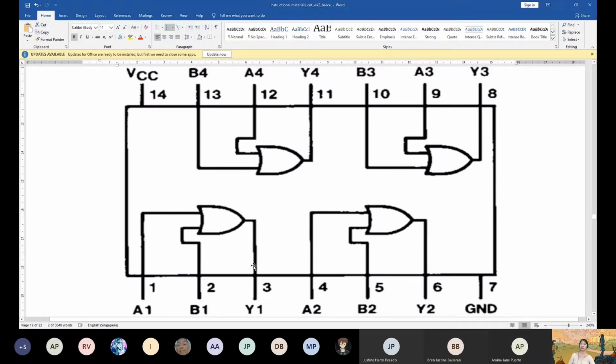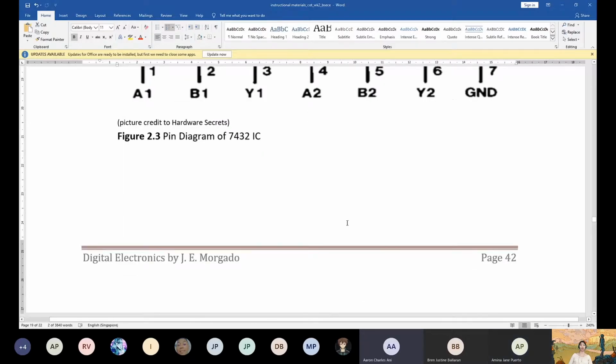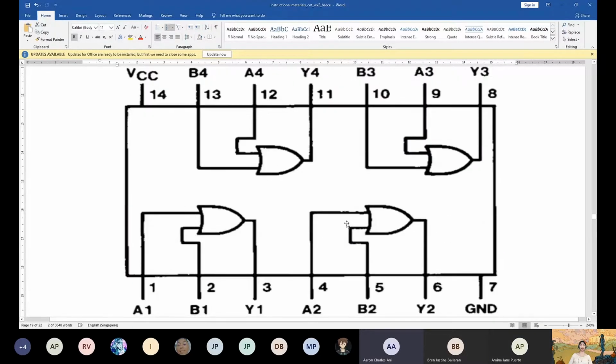So how many OR gates do we need for the given circuit that we have discussed? Four. The 7432 has 4 OR gates, okay?